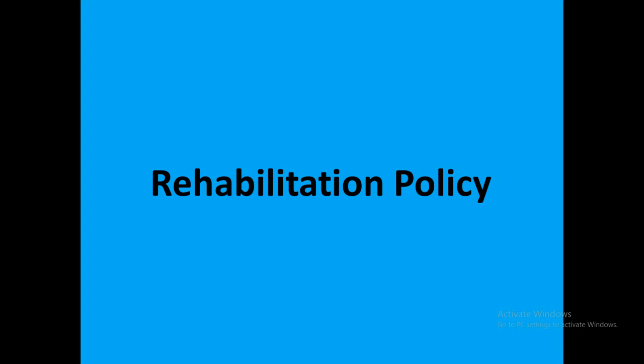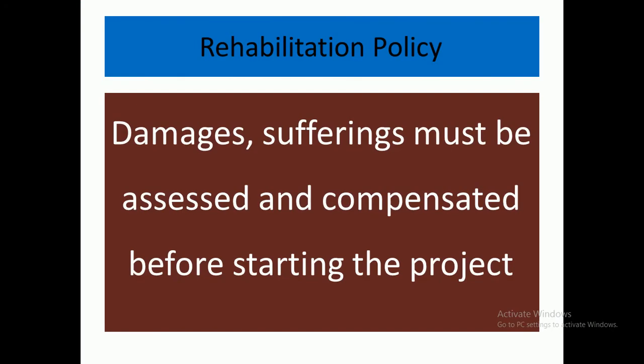In order to mitigate the effects of these issues, certain policies are framed which are called rehabilitation policies. Rehabilitation policies include the damages and sufferings faced by these dislocated people, and they are assessed earlier.